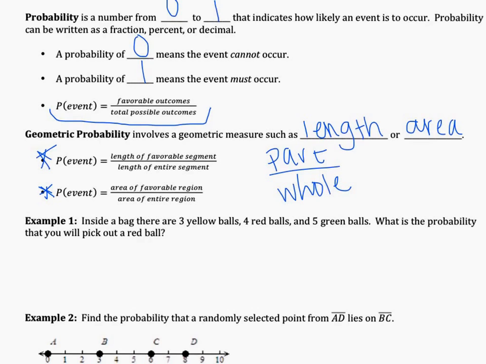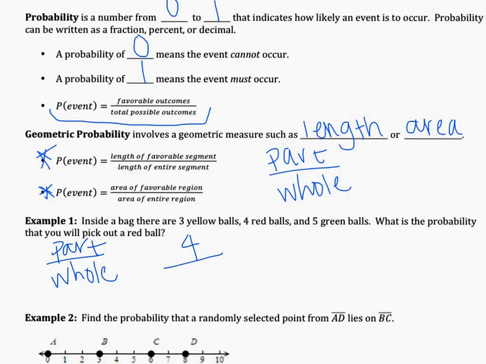Okay, so I look up here at probability and geometric probability, and I see that I'm not dealing with length or area, so this must be just a regular probability problem. So we want to deal with the first formula where favorable outcomes is divided by the total possible outcomes. We can still do part over whole though, where the part is what we want. We want to pick out a red ball, and there are 4 red balls, so that goes on top.